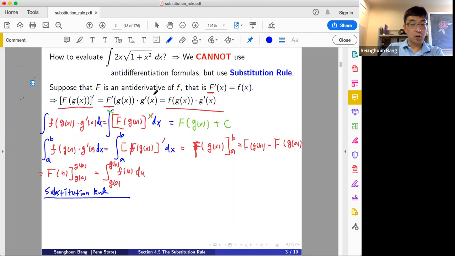Here, the integral of f of g of x times g prime of x dx is given. The first question: how can you find capital F of g of x plus c? You can use the substitution rule. You can substitute the inner function g of x by u. So u equals the inner function g of x.